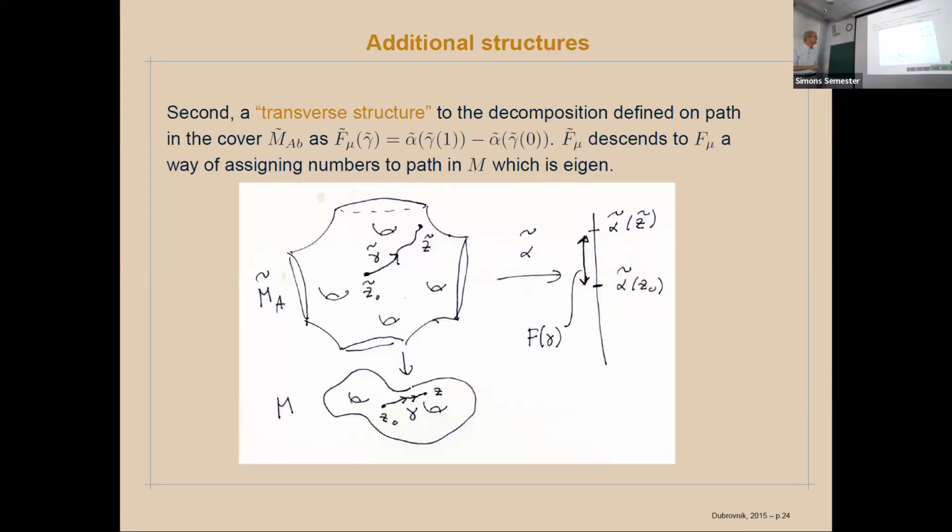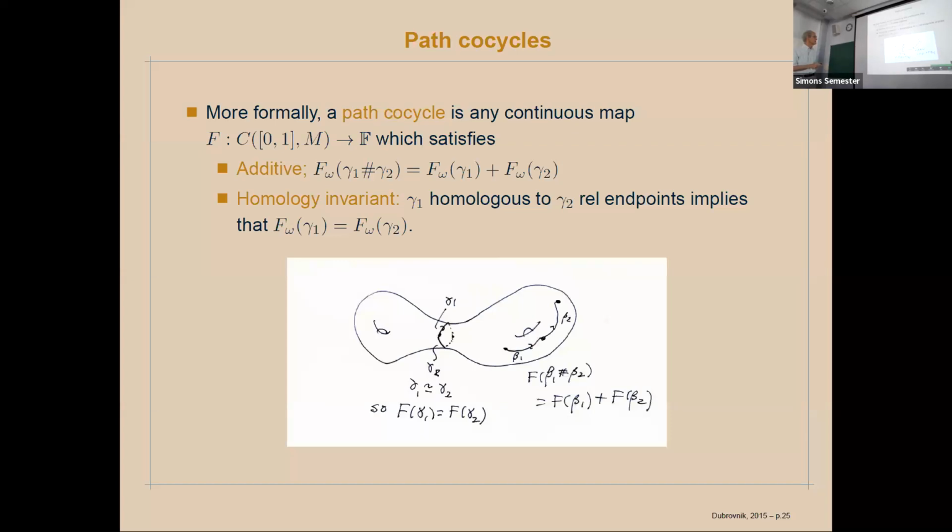This guy back here is certainly additive: if you do this and then this, you just add these two differences. And this is the homology invariance. For example, in the genus 2 surface, this curve from here to here and this curve from here to there are homologous, so they get the same value by this path cocycle.